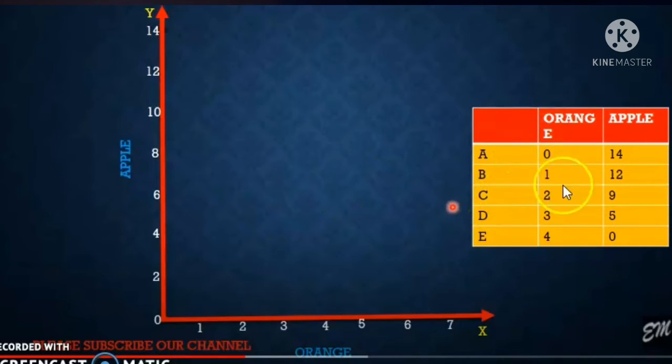If we are producing 4 oranges, then we are utilizing all the technology in producing oranges alone, so no technology is used for the production of apple. That is shown here. You can see how it is plotted and drawn.